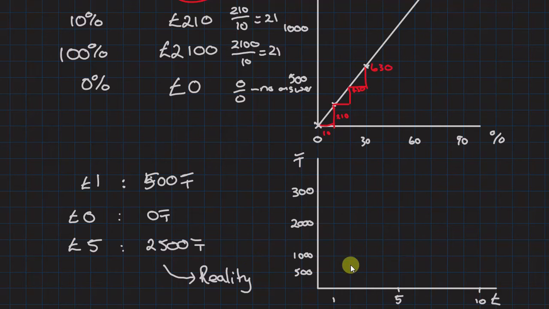So £1 gives me 500 tenge. £5 gives me 2,500. So my line creates a straight line going through 0, 0. That is an ideal conversion.